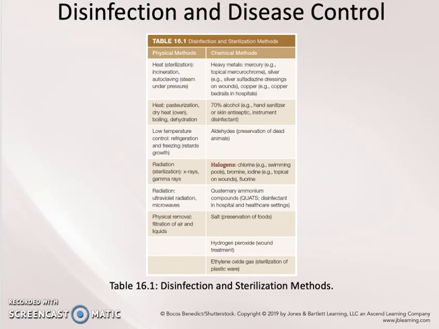Iodine, another halogen, can also be used to treat water. Iodine is also used not only to treat water, but can also be used to treat skin in the case of burn victims or during blood donations or when syringes are needed.